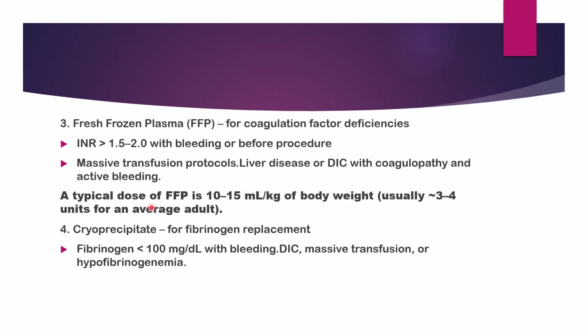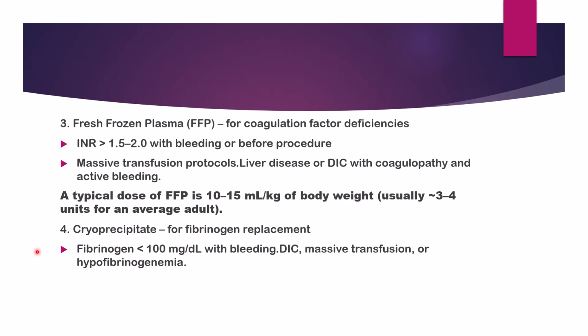A typical dose of FFP is calculated using 10 to 15 ml per kg of body weight. Usually 3 to 4 units of FFP are needed for an average adult at a time.